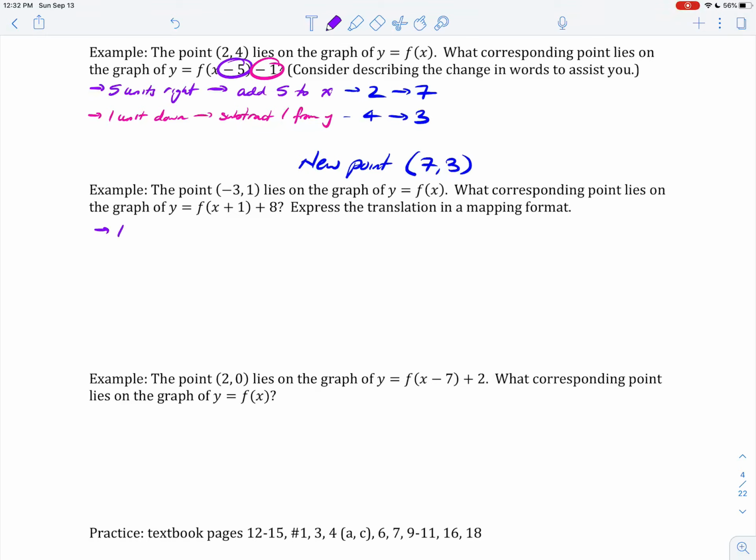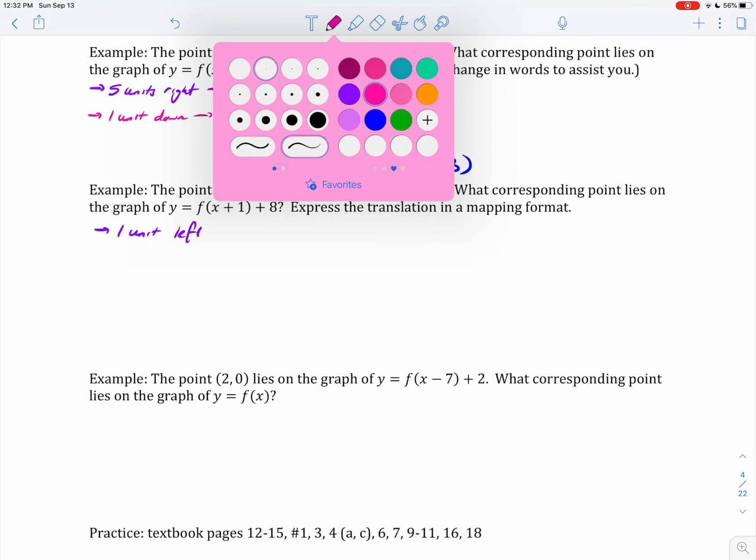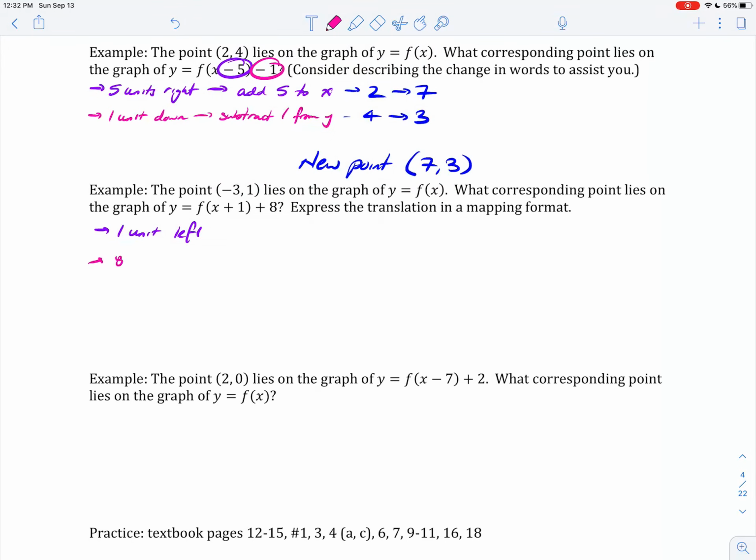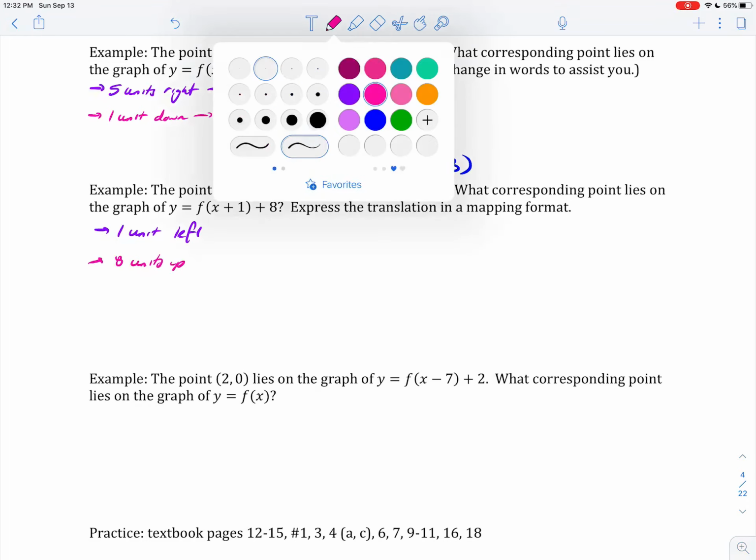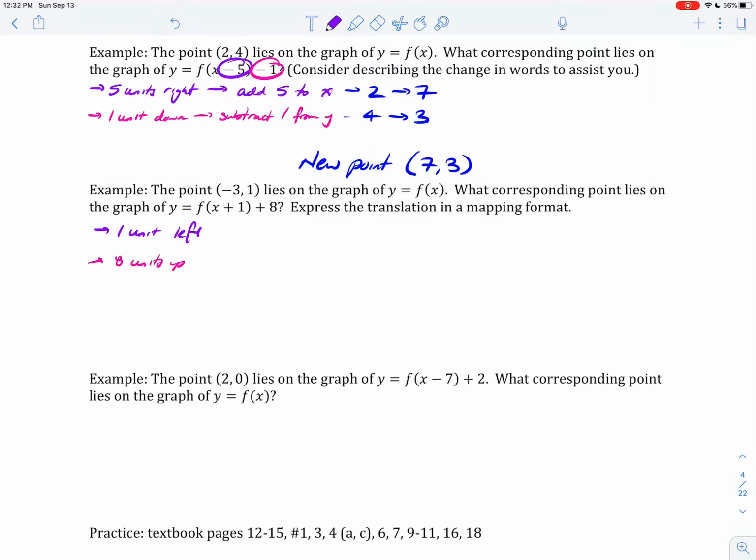We moved 1 unit left. We moved 8 units up. We moved 1 unit left.